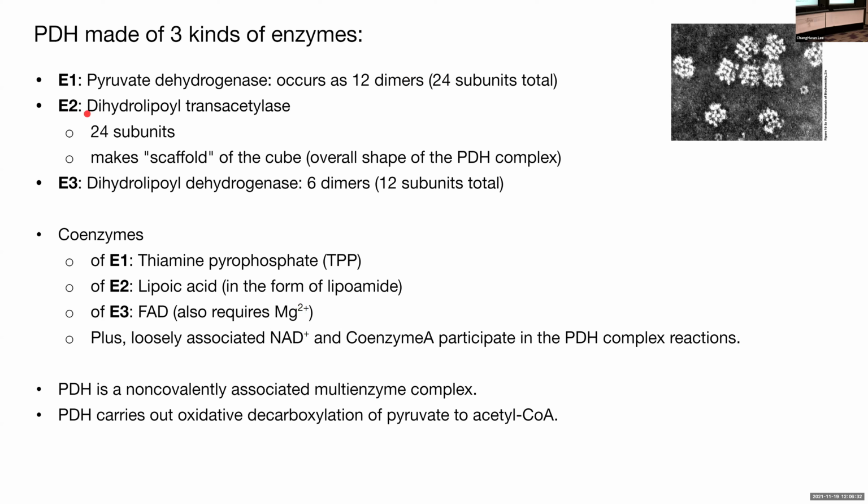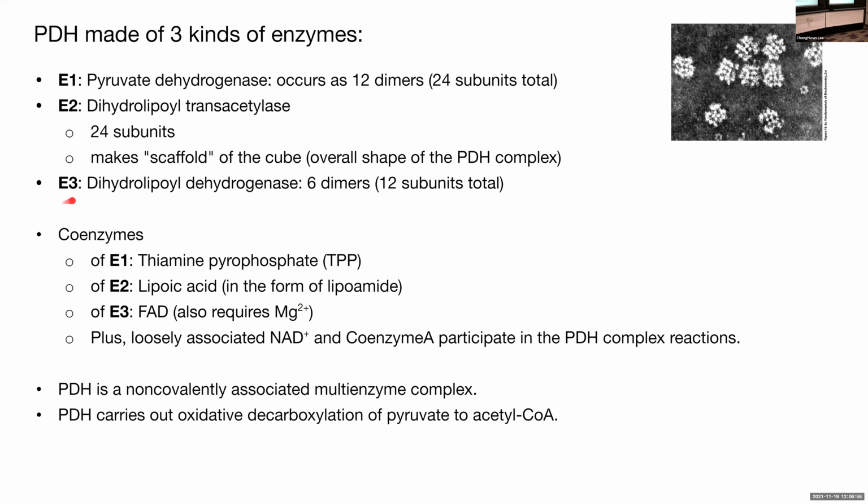And the E2 enzyme is the dihydrolipoyl transacetylase, so it has 24 subunits, and it works as a scaffold for this spiky blob structure or the cube structure. So it determines the overall shape of the PDH complex and stabilizes that structure too.